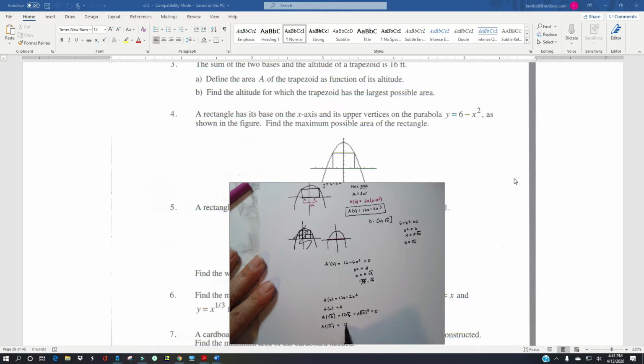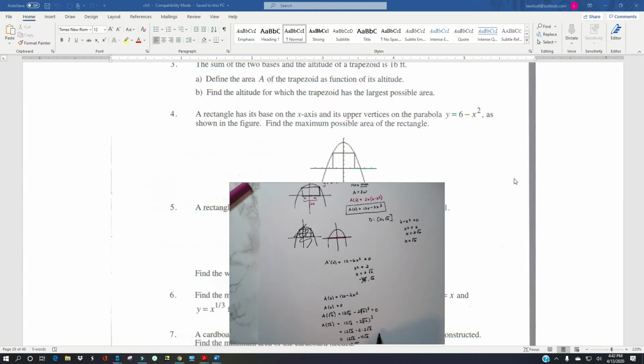And let's see, that's 12 root 2 minus 2 times root 2 cubed. The square root of 2 cubed is the same as the square root of 8, and the square root of 8 is 2 root 2. So we have 12 root 2 minus 4 root 2, or 8 root 2, like so.